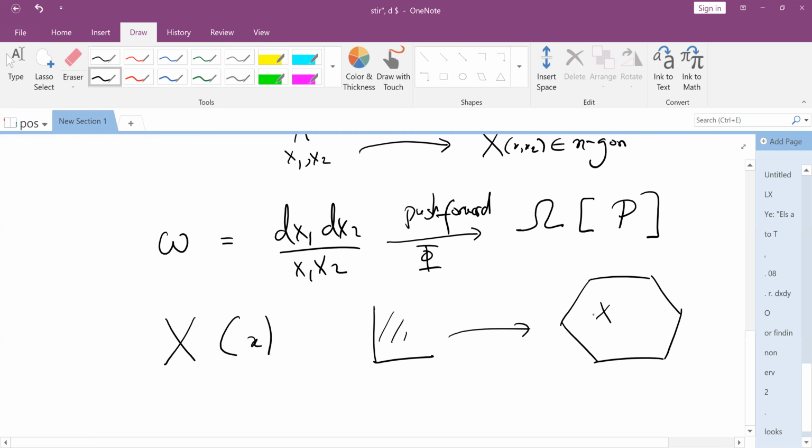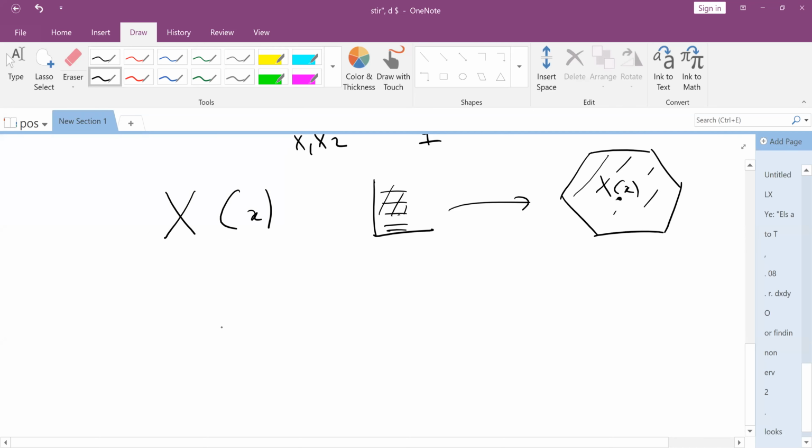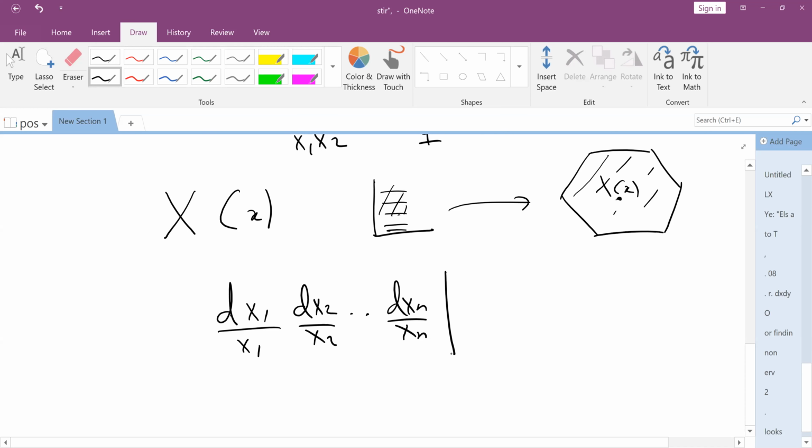The claim is that it's one-to-one, in the sense that any point in the quadrant is sent uniquely to a point in the geometry. Then all you do is take the form dx1 over x1, dx2 over x2, in any number of dimensions, up to dxn over xn, and evaluate it on X of x equals whatever X you want inside here.